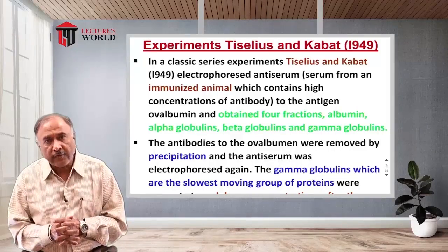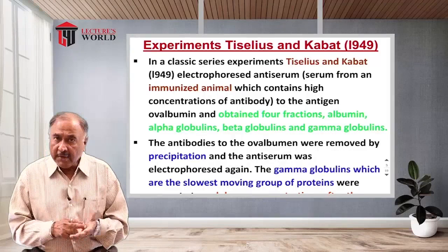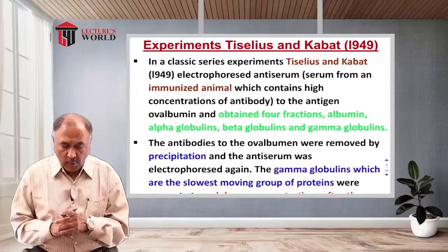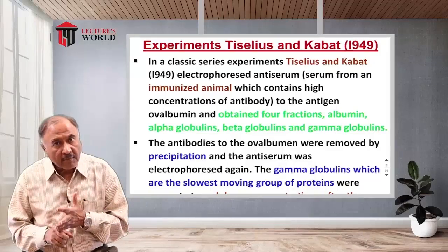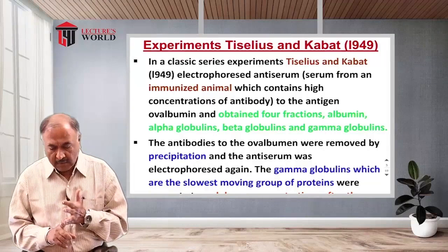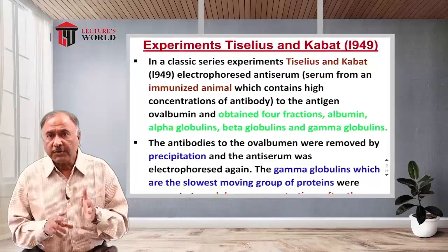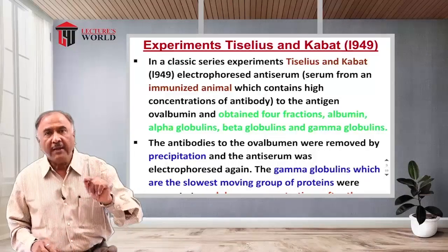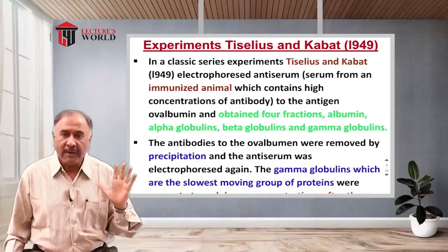Which were those 4 fractions? 1st, albumin; 2nd, alpha globulins; 3rd, beta globulins; and 4th, gamma globulins. So there were 3 portions of alpha, beta and gamma globulins, and 1 was albumin.